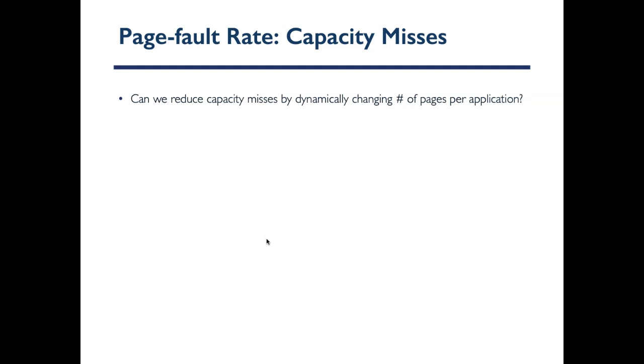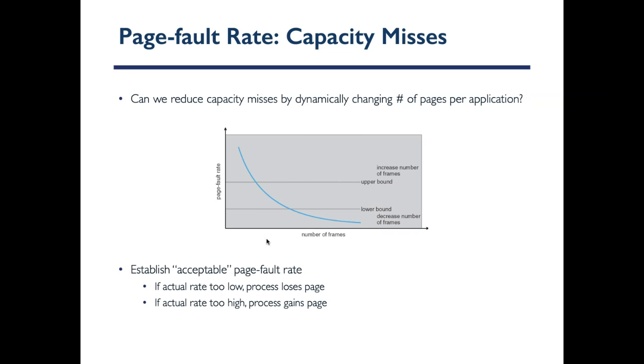So if you can dynamically change the number of pages allocated to your application, that could balance the page fault rate in your system. In essence, if we give more capacity to an application, we want its page fault rate to go down, which is something we talked about with the anomaly in the first come first serve policy.